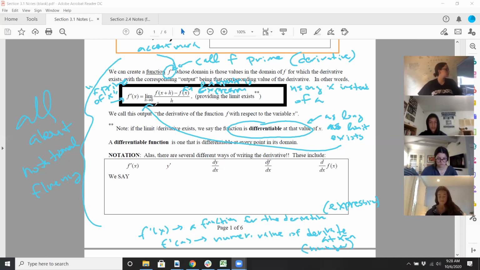A differentiable function is one that is differentiable at every point in its domain. And there's some notation that we have to talk about. All these here are all the same thing.